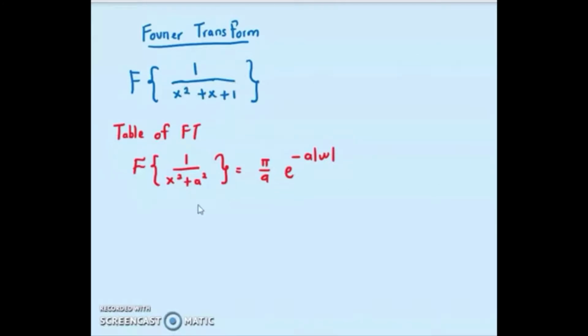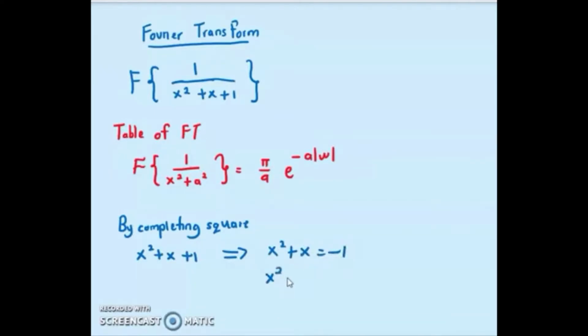So the first step we need to do is to change this by completing the square. Okay, we know that by completing the square, for x squared plus x plus 1, what do we get? We have x squared plus x equals minus 1.